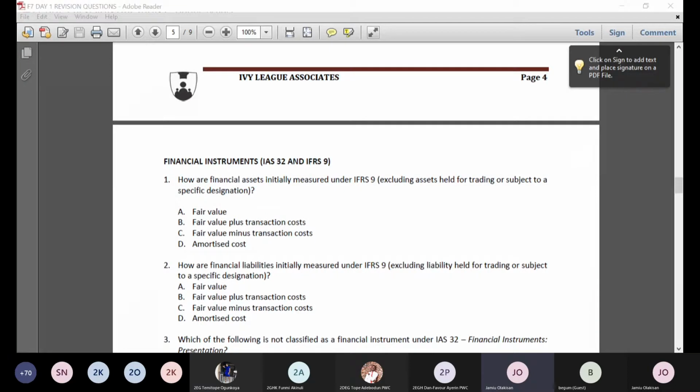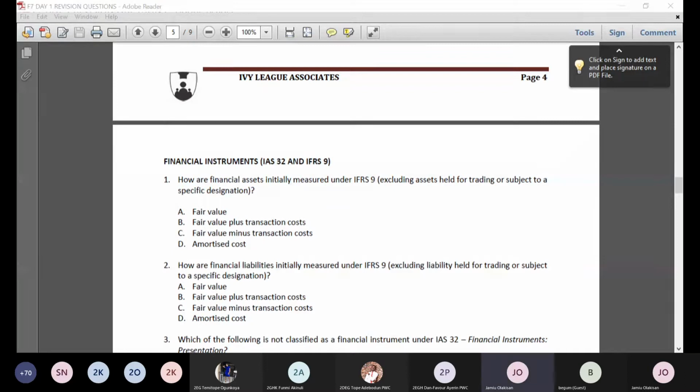For financial assets that will be subsequently measured at fair value through P&L, the initial value should be fair value. Transaction cost should be expensed.